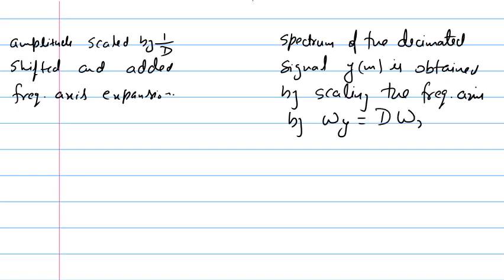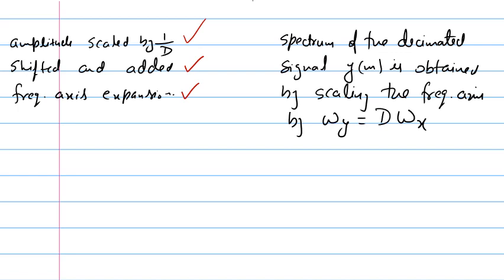Okay. So there are three key points in the downsampling: scaling of the amplitude, creation of replicas, which are obtained by shifting and then added, and then the frequency axis expansion. Okay. So now let me tell you an example for the case when k is equal to 3.